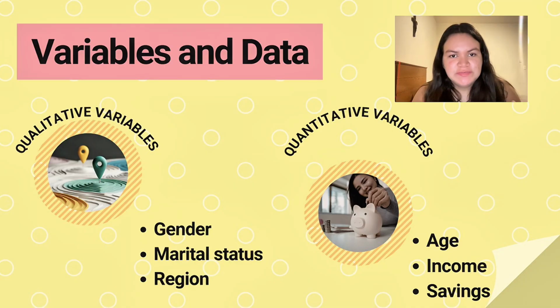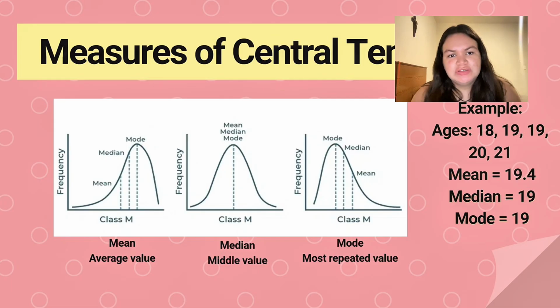And the quantitative variables, which are numerical, like age, income, and savings. So basically, the qualitative ones we cannot measure with numbers, but we can do that with the quantitative ones.